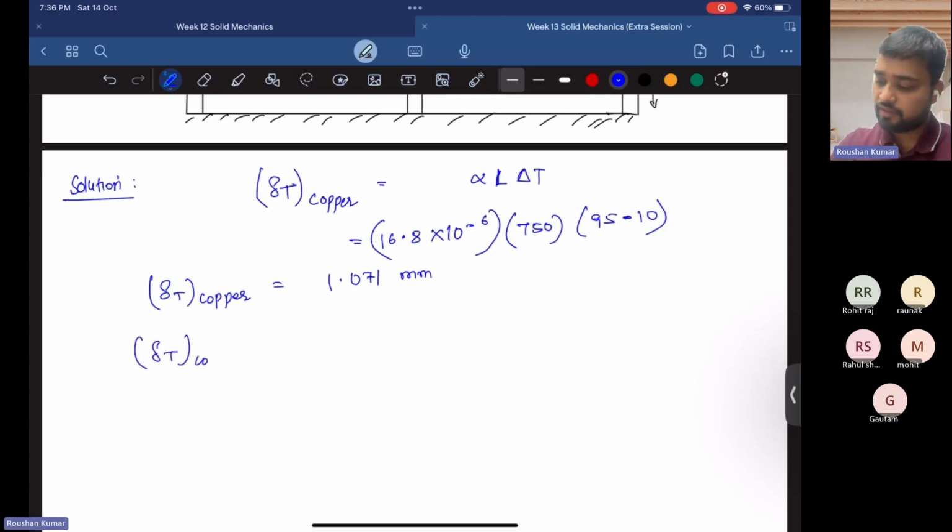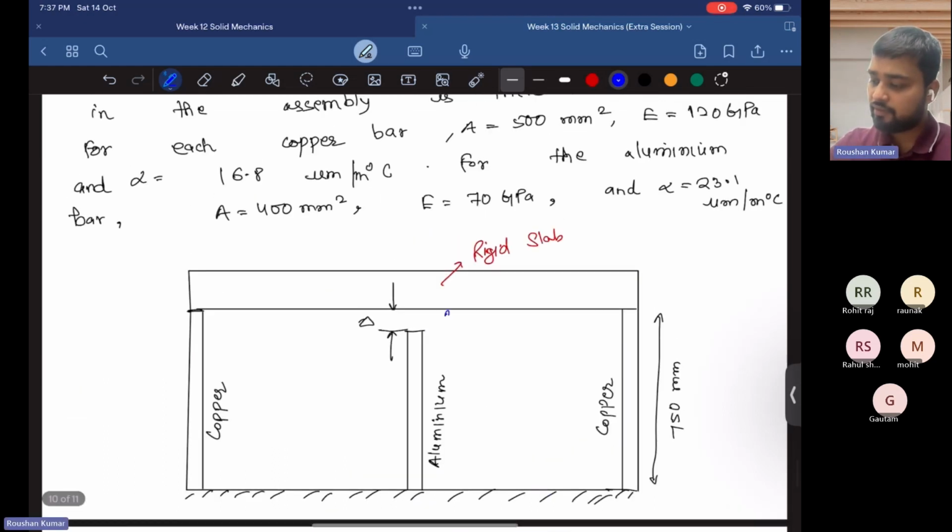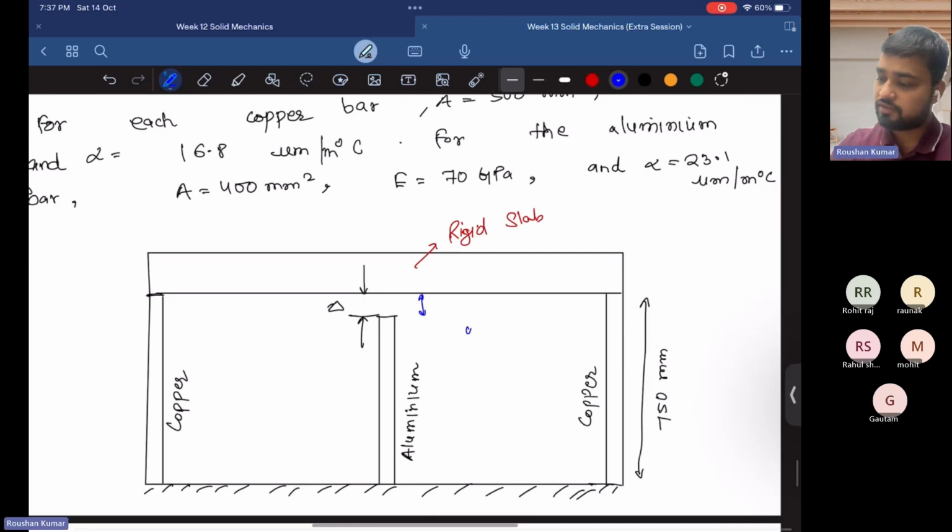Next, we have to find the change in length due to temperature change in the aluminum bar, that is delta T of the aluminum, which is equal to 23.1 into 10 to the power minus 6 into 750 minus 0.18, because there is a gap and this distance is 0.18 mm. That's why we have to subtract 0.18 from 750.